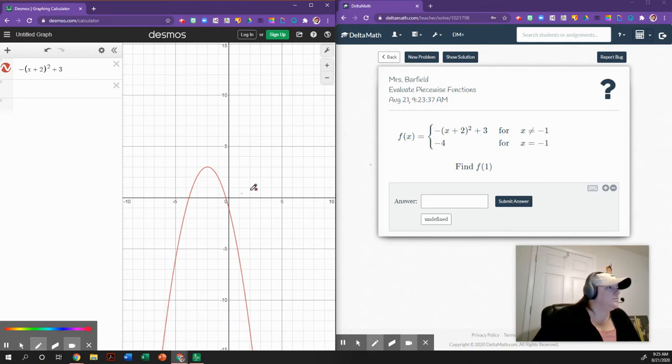It says for x does not equal negative 1, so I'm going to go up here to negative 1 and draw an open circle. What I've done is indicate that everywhere I don't equal negative 1, this graph works.